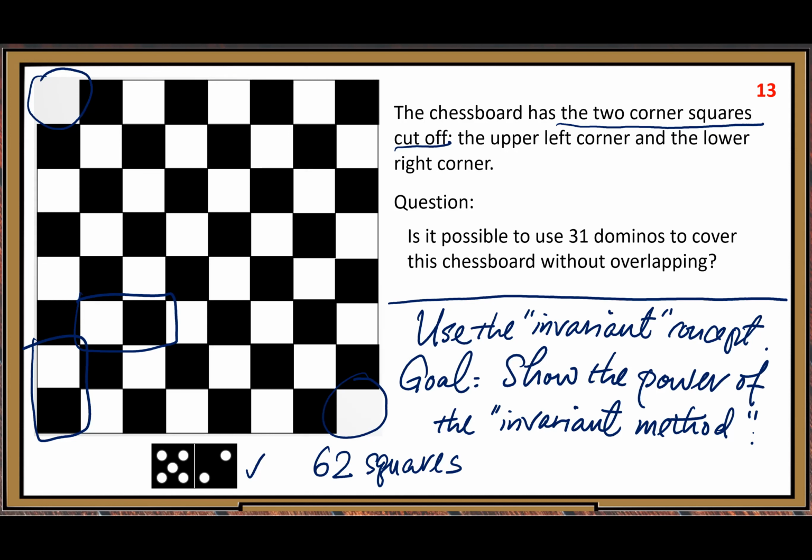But you cannot explain why it is impossible. It's hard to explain why it is impossible. So you will get into a situation where it is very hard to see why it is impossible.